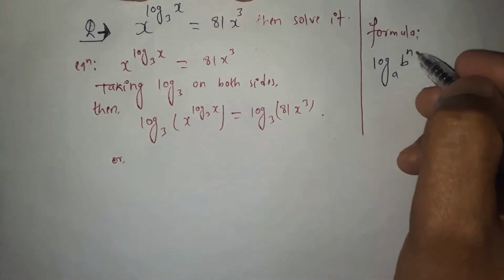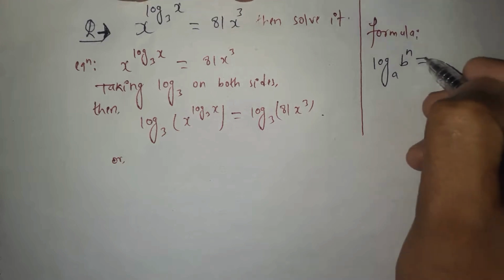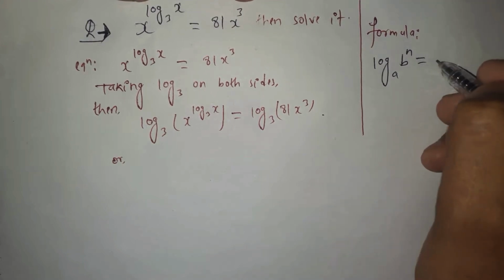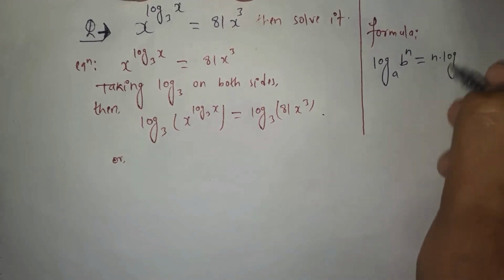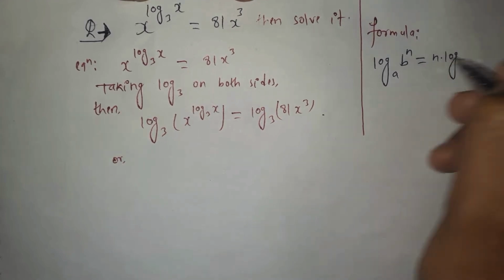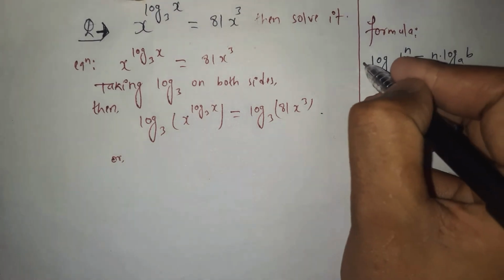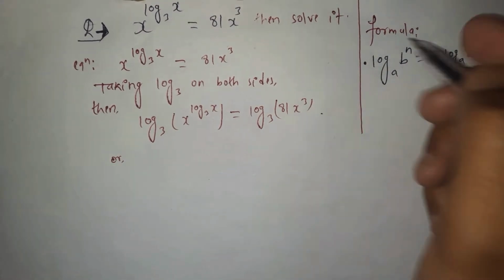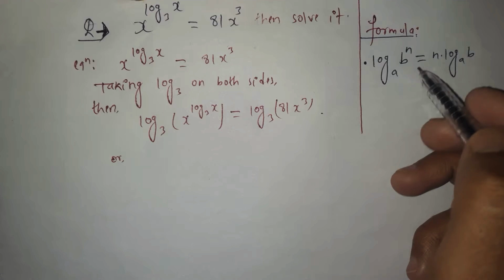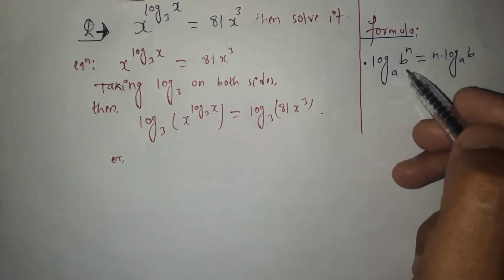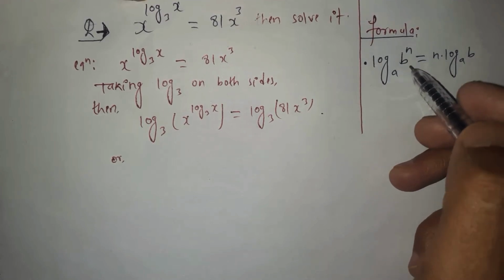The argument is raised to some power. Then the logarithm will be the same as n times log with the same base of the argument. This is a very important property of the logarithm. Please memorize it.